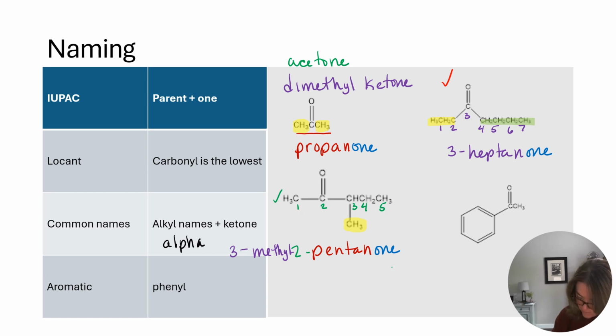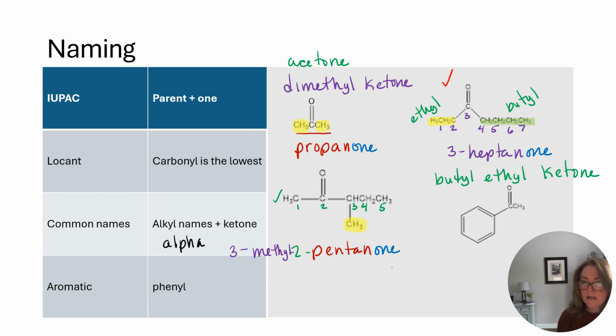So I have an ethyl, and I have a butyl. So remember, I have to put these in alphabetical order. So this will be a butyl ethyl ketone.